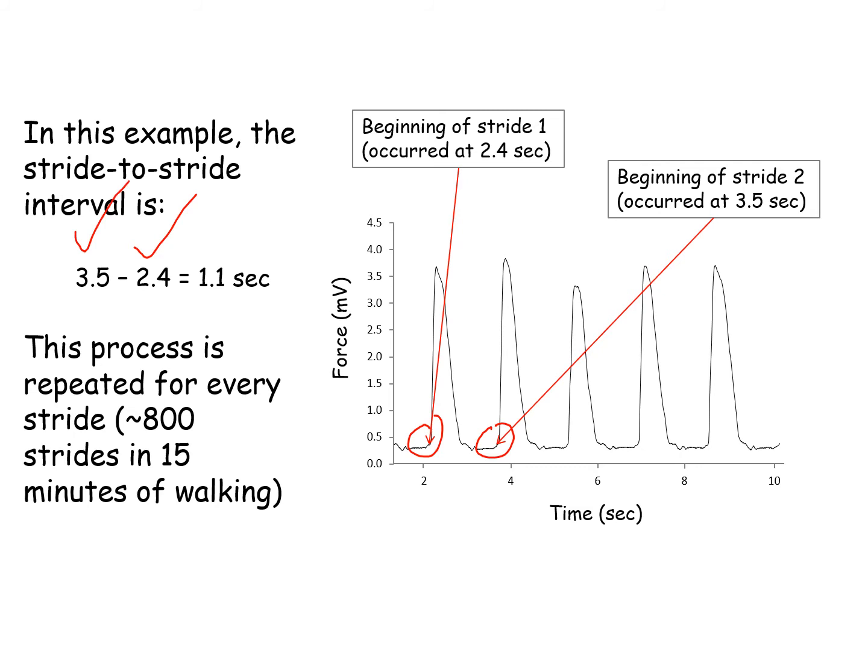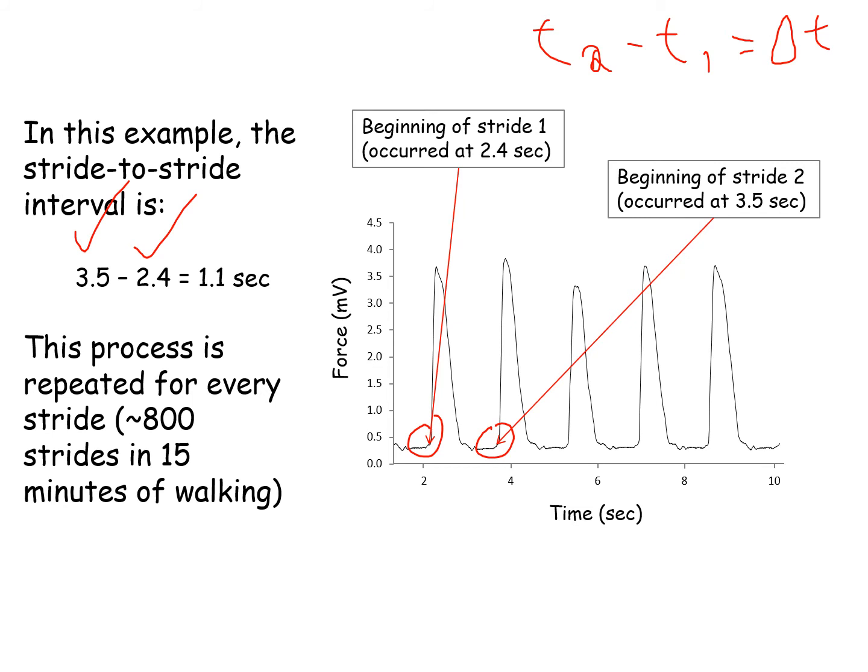And this is similar to how we measure displacement. For displacement it's position, but here we're looking at time. We're looking at time 2 minus time 1, which is going to be our change in time. So 3.5 minus 2.4 gives us 1.1 seconds. So one stride took approximately 1.1 seconds.